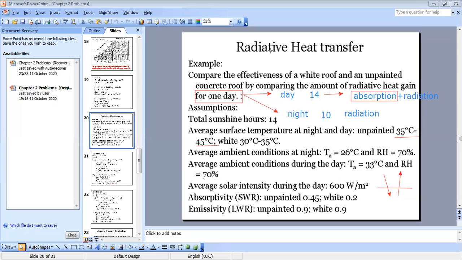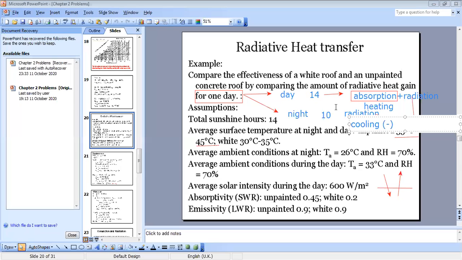So we will count absorption as a positive flux because it's entering the surface. The radiation, during the day and during the night, will lead to a cooling effect, and it will be counted as negative because it is lost by the surface.